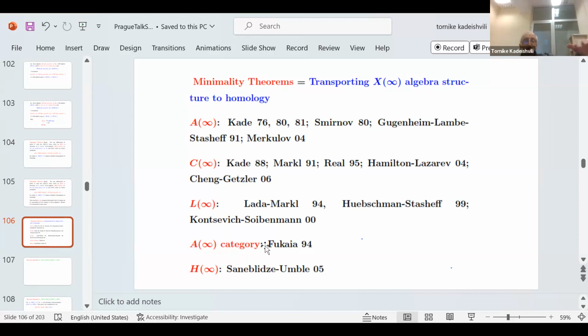But Kenji Fukaya generalized the notion of infinity to the category story, and proved this my minimality theorem in this situation. And using this, he proved the mirror symmetry problem.